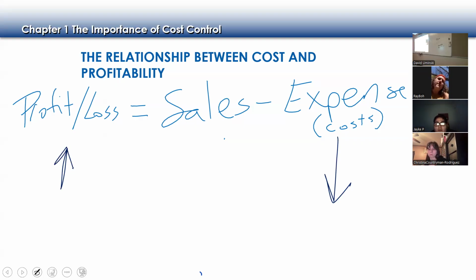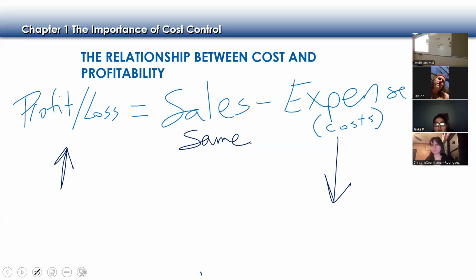Sales stay the same. If I bring in $1,000, then I only have $1,000 to subtract from. But if I can reduce my costs, then I get to keep more of that $1,000 in my pocket.